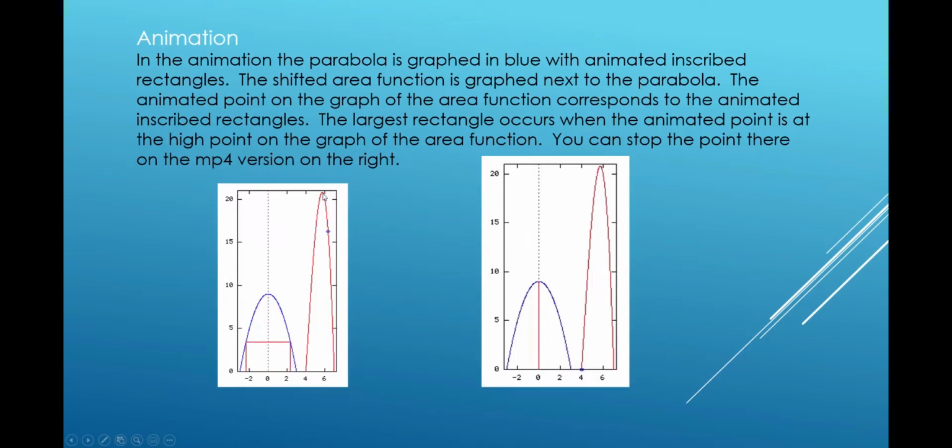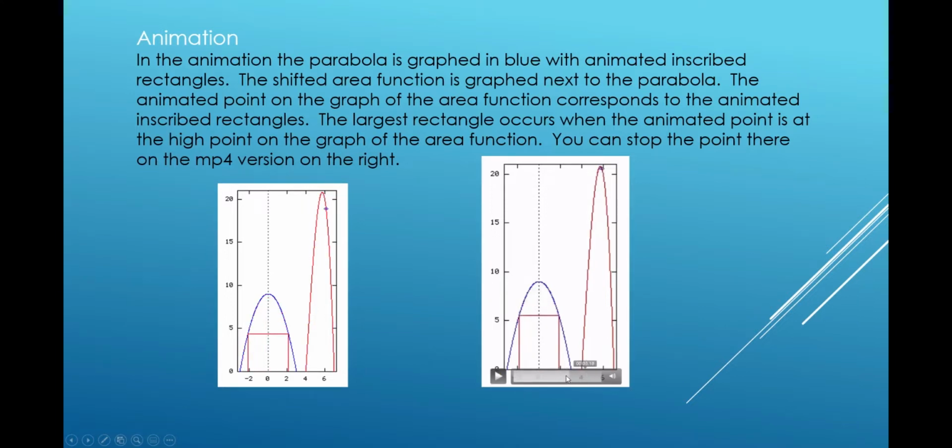So if I actually stop the graph right at this point, you can look at the shape of the rectangle that gave you a maximum area. In fact, if I go over here and click in this little MP4 video, I can actually do that. I'll just try to stop it up here. Just move it back a little bit.